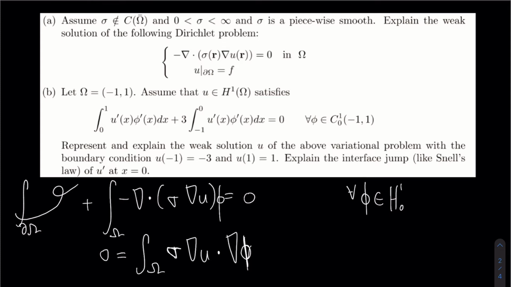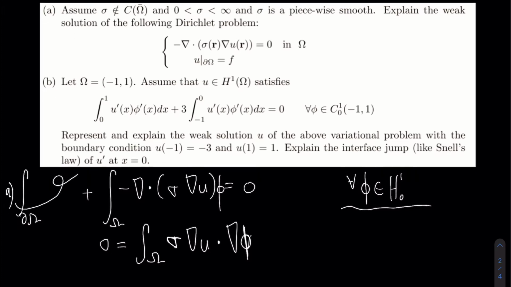And sometimes this is better, because we only need to define one derivative. Anyway, this is what the weak solution is. We're finding u that satisfies the equation on the bottom for all phi.